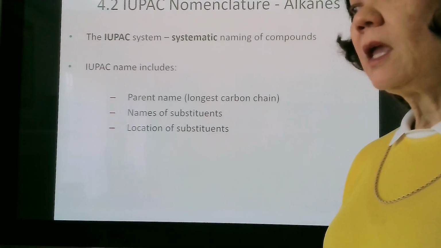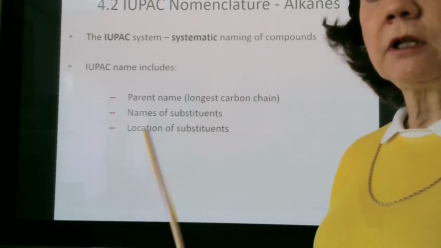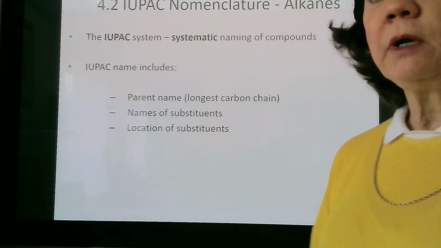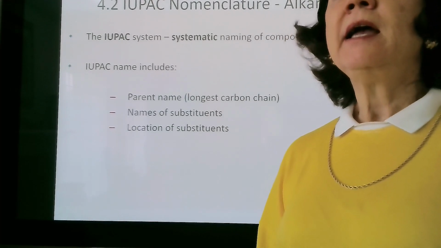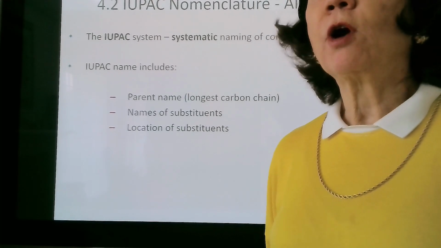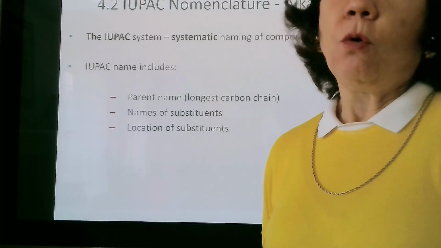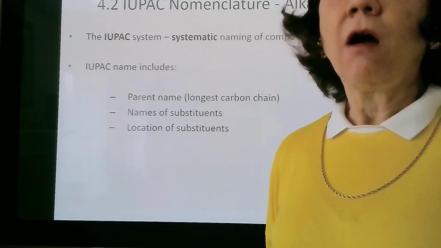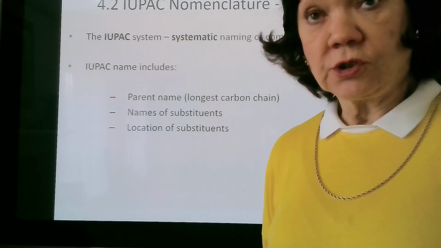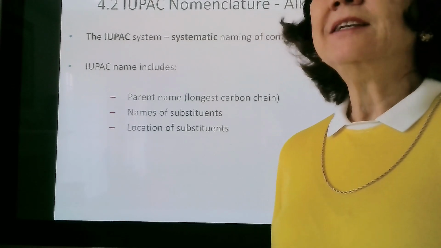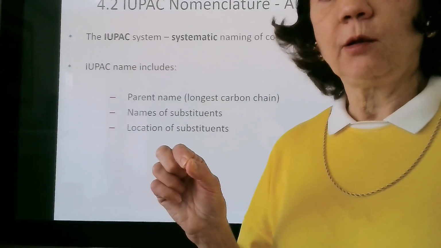But the important thing pertinent to the nomenclature is you're going to learn the nomenclature rules for alkanes, and then you're going to see that the nomenclature rules for alkenes or alkynes or alcohols will use those same rules that you learn for alkanes and just build on them a little bit.